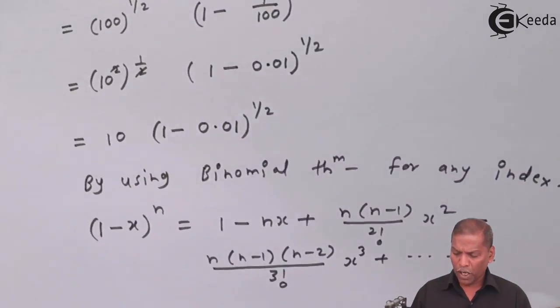Now in this formula we put x equal to 0.01 and n equal to 1 by 2.